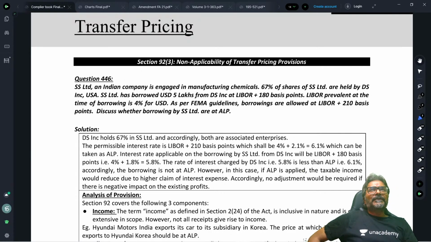In fact, there are two questions which they have newly introduced in the study material, out of which they have targeted one, which was in cost plus method. I had insisted the students do this particular topic thoroughly, and they did this question.